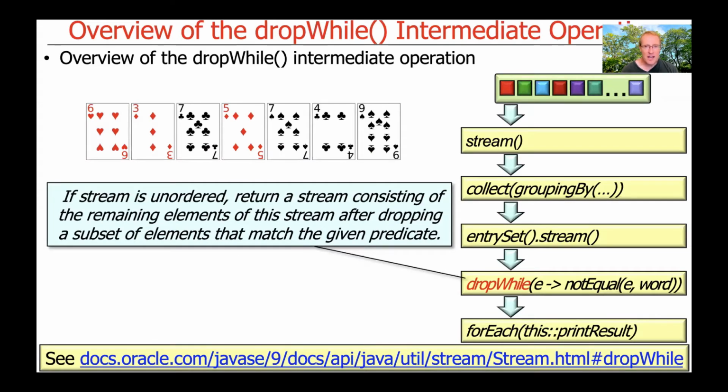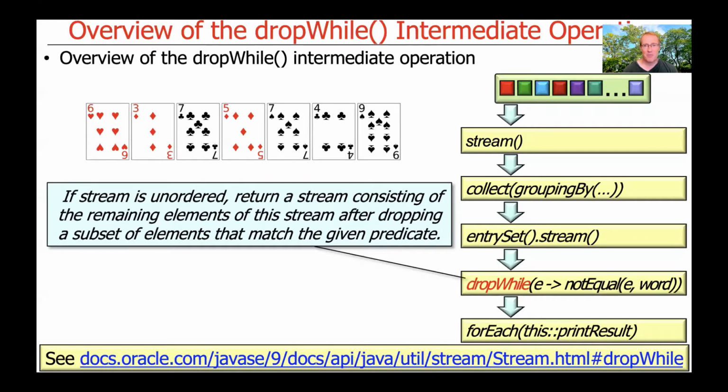So this has two different sets of semantics based on whether the stream is ordered or unordered. And ordered or unordered is something that is determined by several factors. What type of data is being processed? Is it coming from an ordered collection, like an ArrayList, in which case it's ordered?